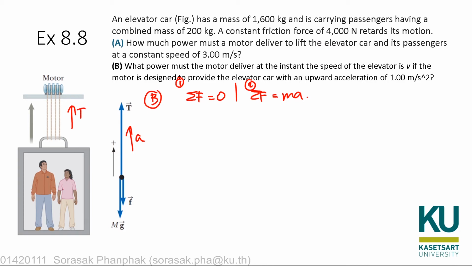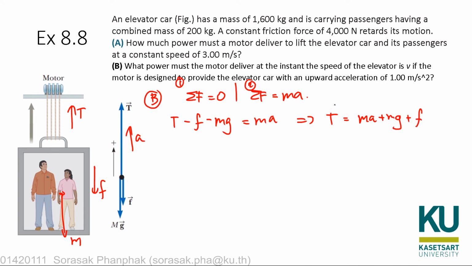T is rising up and total mass is going downward with some friction. So you get T minus F minus mg equals ma, and your T is equal to ma plus mg plus F.